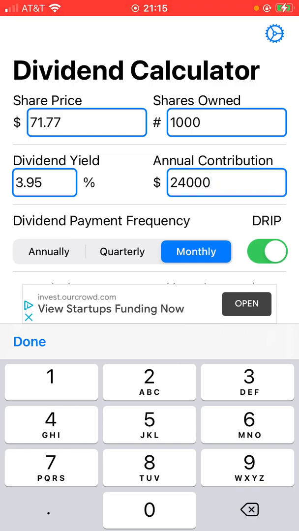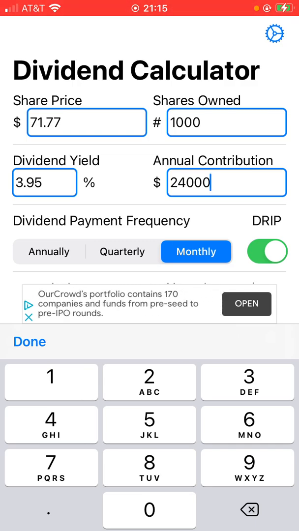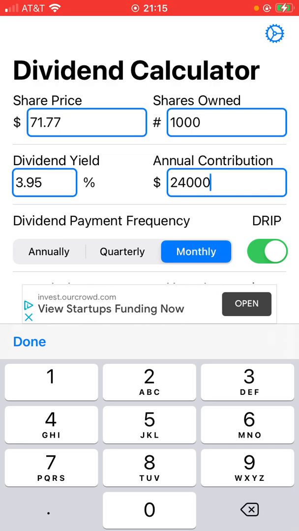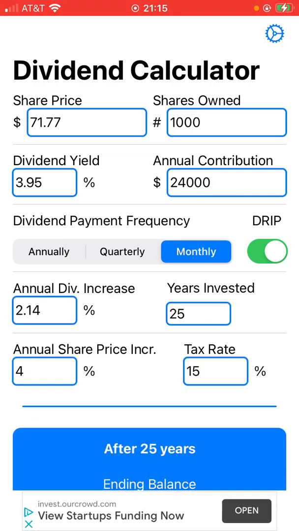So $2,000 a month times 12 months is $24,000, your annual contribution. You're not sweating it. You don't really need the money for another 25 years. You're thinking long term.